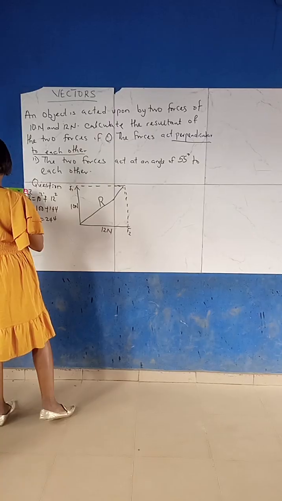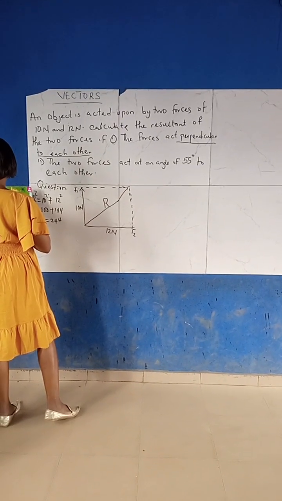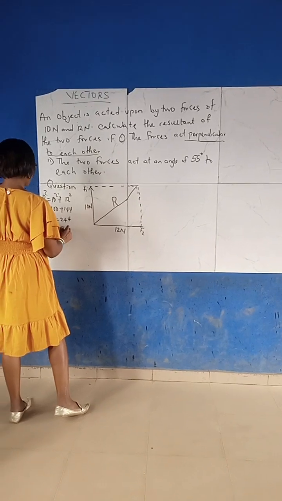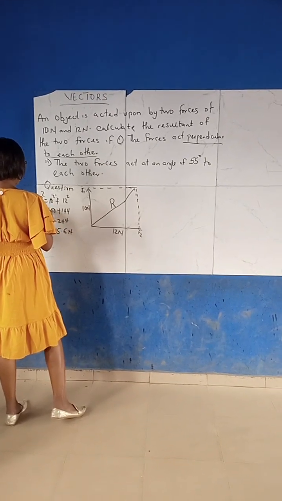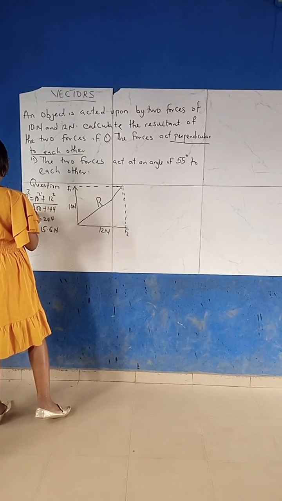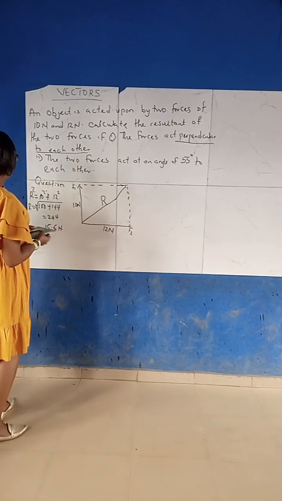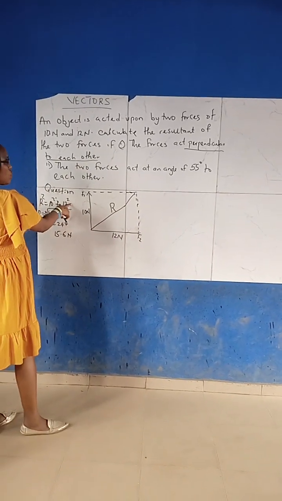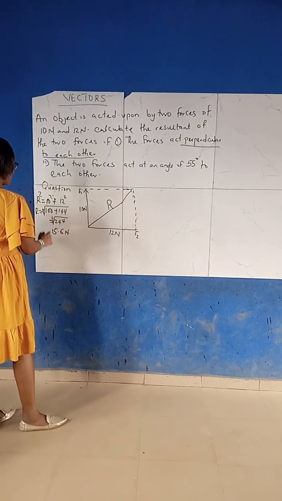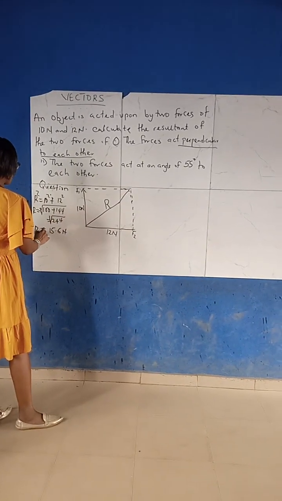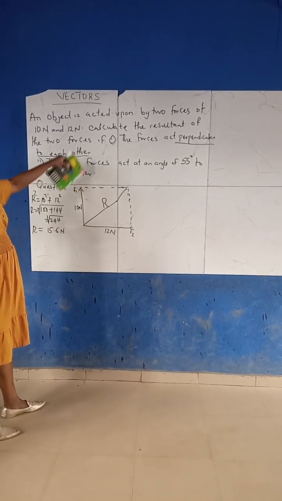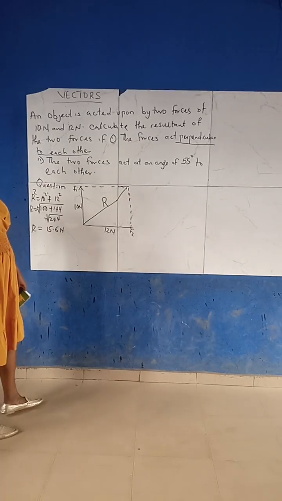I'm going to find the square root of 244, and that's going to give me 15.6 Newton. So my R is the square root of 244, which gives me 15.6. So that's the resultant of these two vectors.